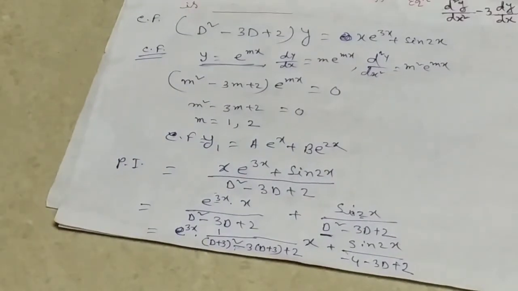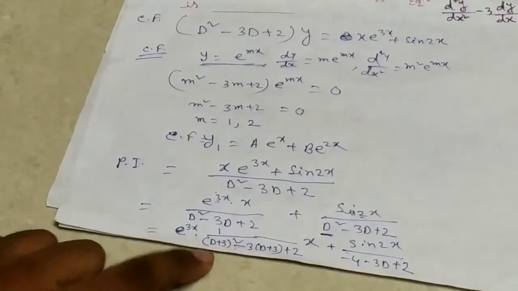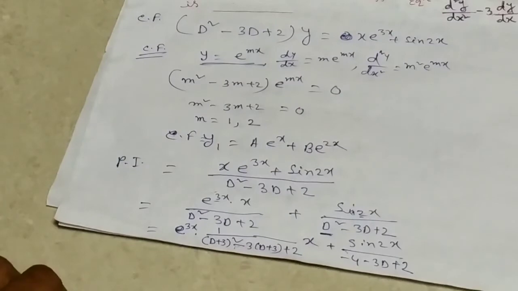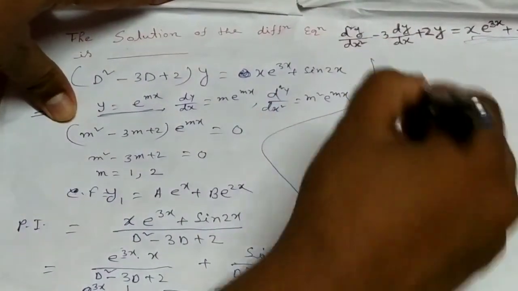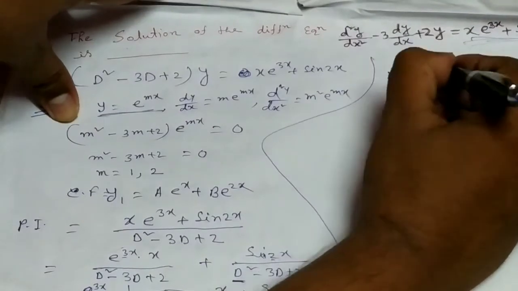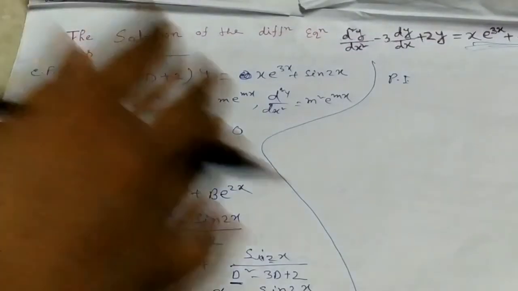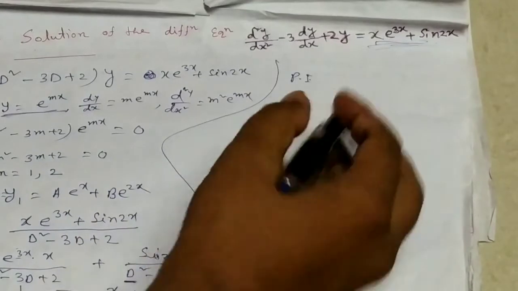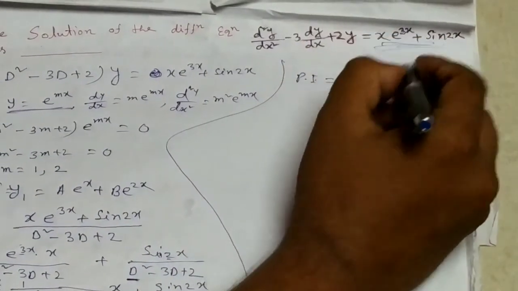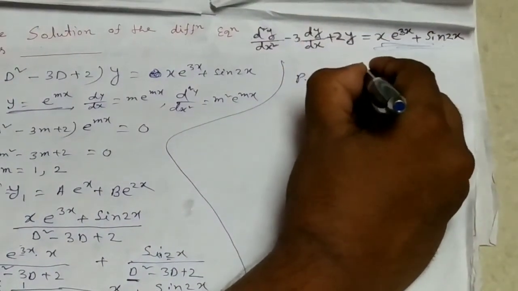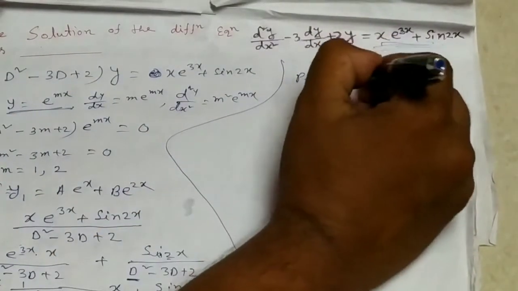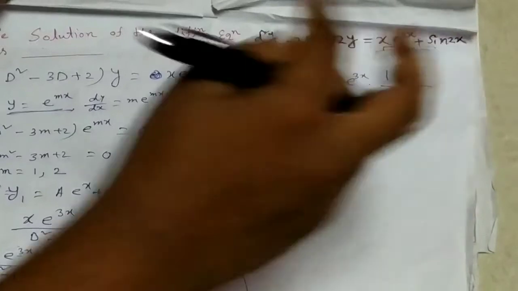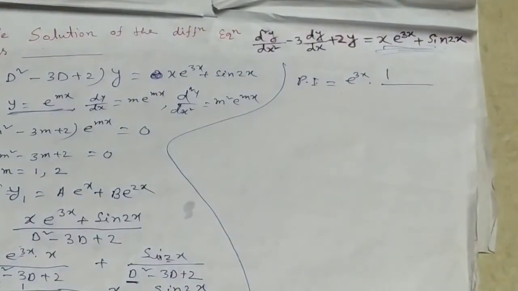Now we calculate this term. The particular integral equals e^(3x) into 1 by (D + 3)² - 3(D + 3) + 2.